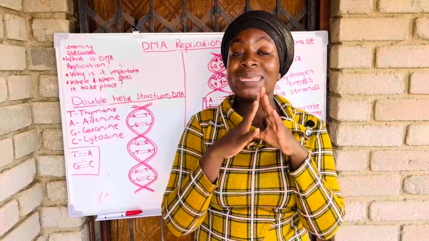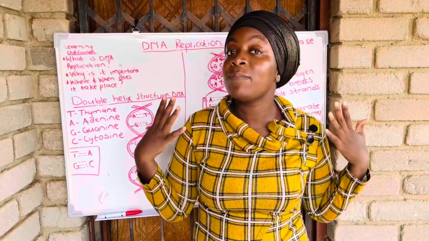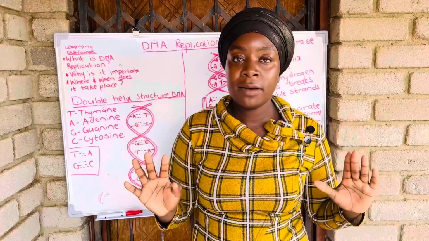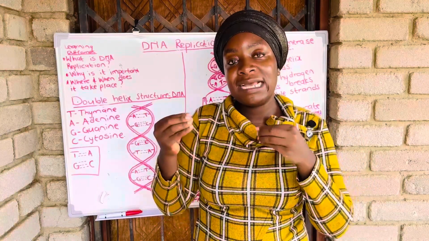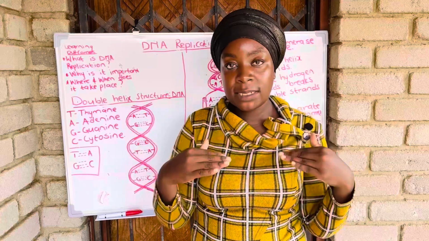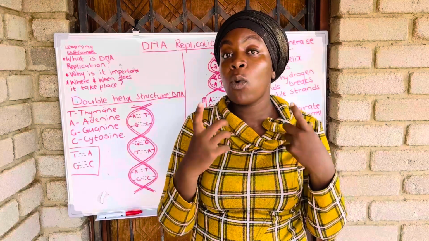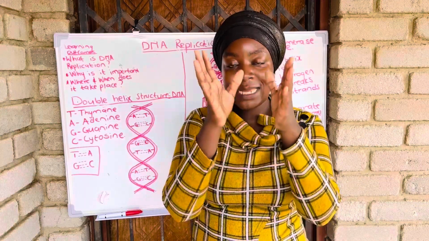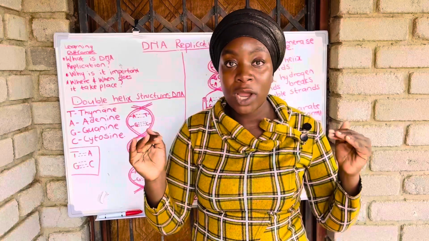Now I'm going to summarize the process of DNA replication, and I hope you get it. The first thing that needs to happen, the DNA double helix needs to unwind. So remember, it's coiled and wound, so it needs to unwind. When it unwinds, we are going to end up with a double-stranded molecule, which is not coiled.